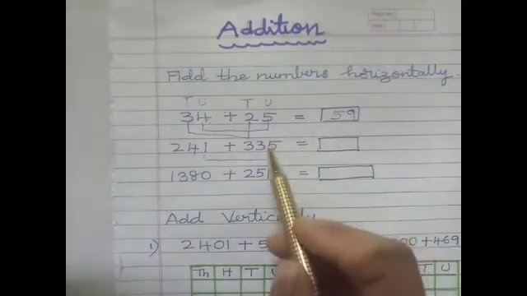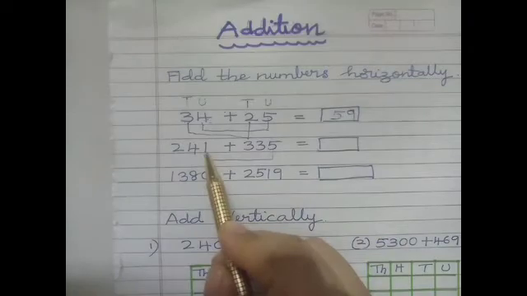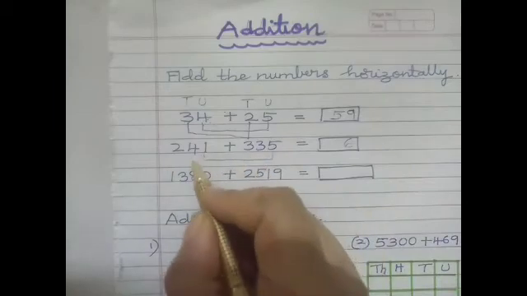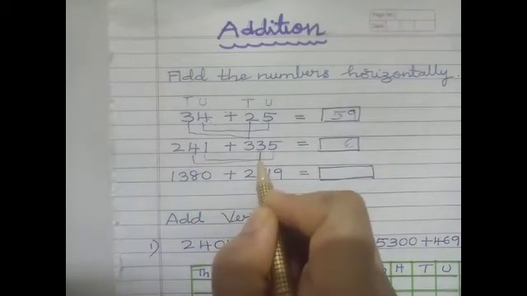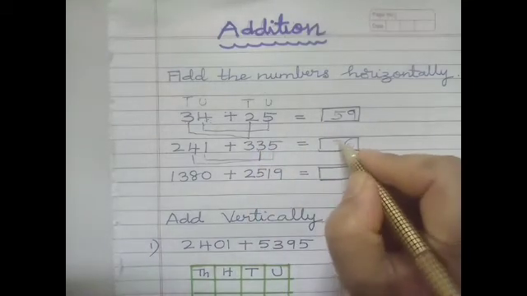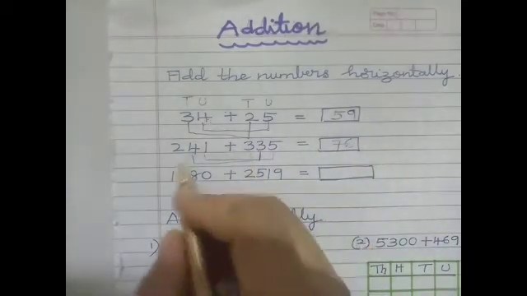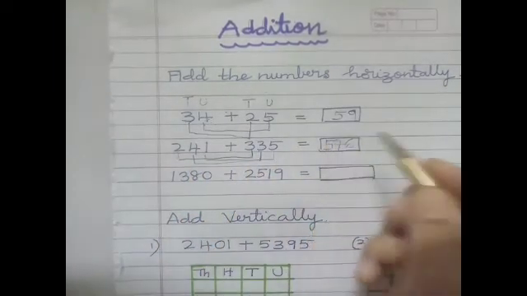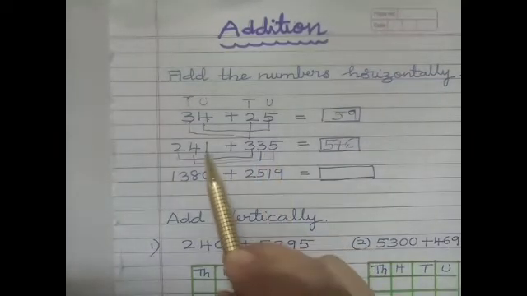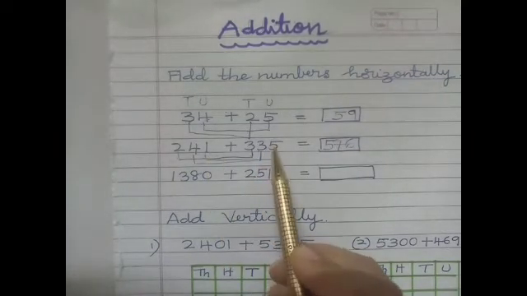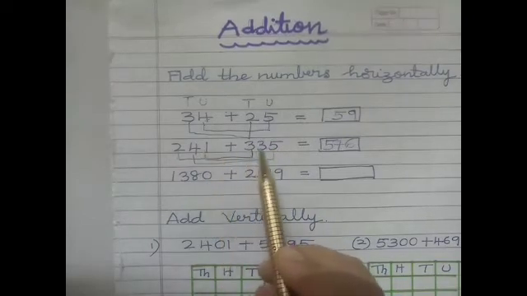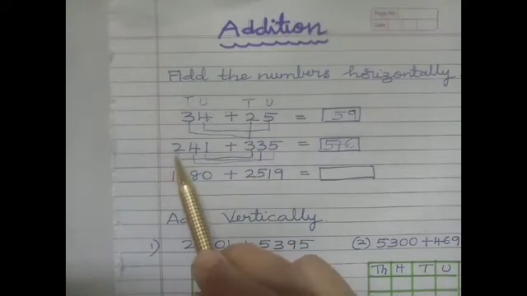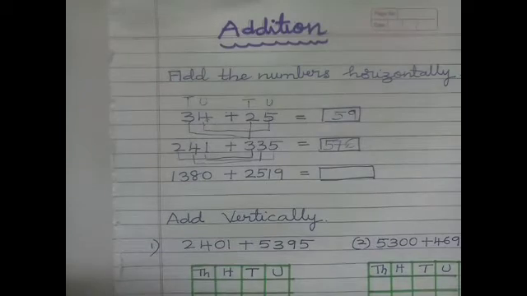So it is 5 plus 1, that is 6, and 3 plus 4, that is 7. 3 plus 2, that is 5. So when 3-digit number is given, you have to start from unit. Unit and unit you will add first, then we will go to tens and tens, then hundreds and hundreds. Is that clear children? Yes.